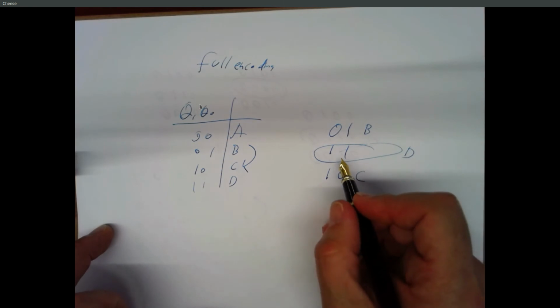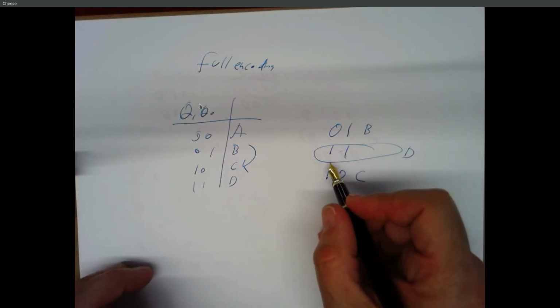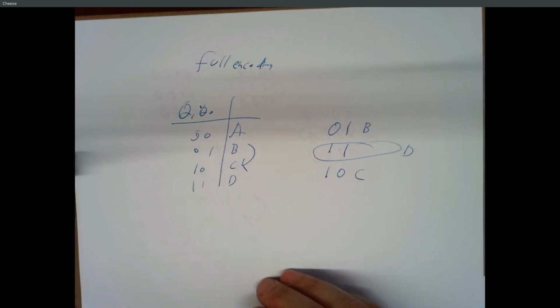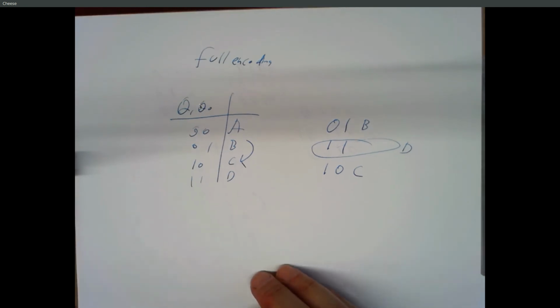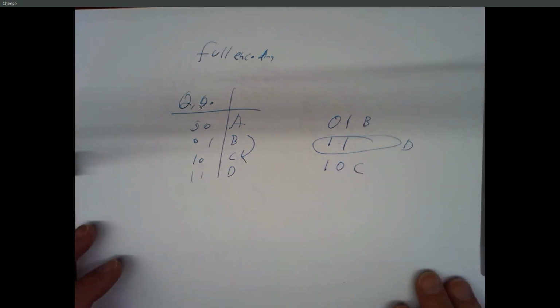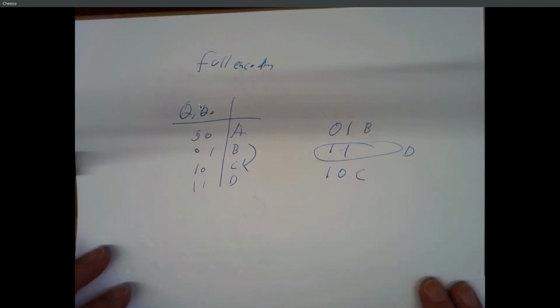Even if we're only in this state for a few nanoseconds, that might be enough to trigger whatever activities happen from state D, and we could have unexpected effects. So one-hot encoding helps us manage this possibility of timing-related glitches, and so you see it used sometimes.